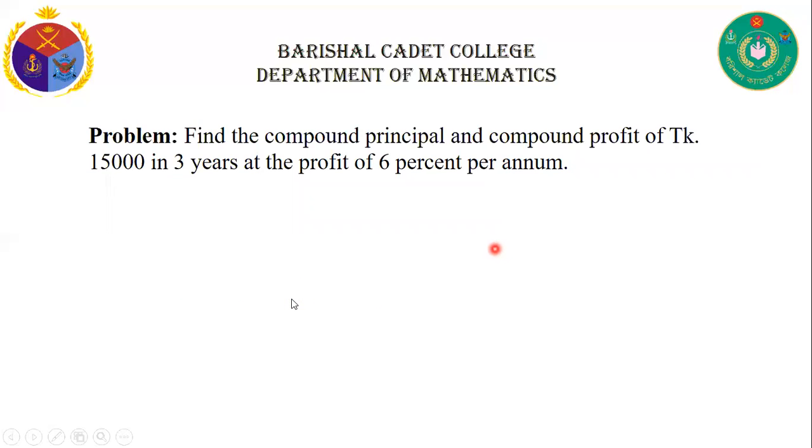Okay, now another problem: find the compound principal and compound profit of taka 15,000 in 3 years at the profit of 6% per annum.